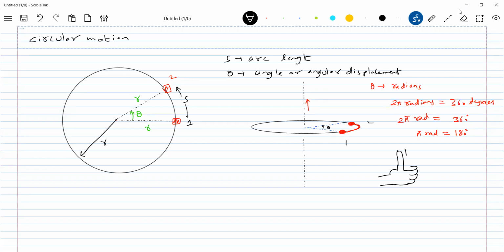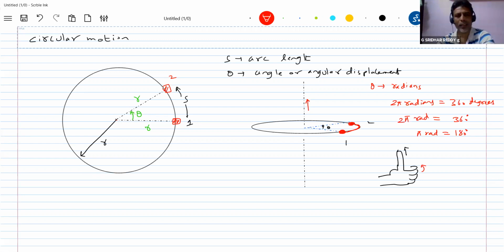The thumb will give the direction of theta, whereas the curl is the sense of rotation. So how do you measure theta? Clockwise or anti-clockwise. Here theta will be anti-clockwise.